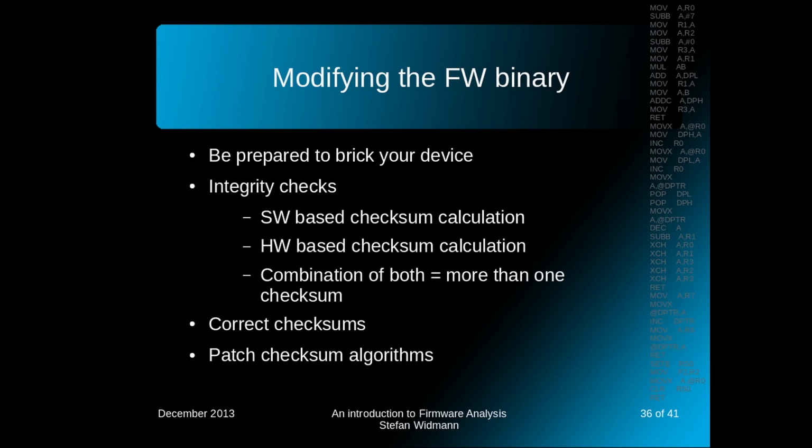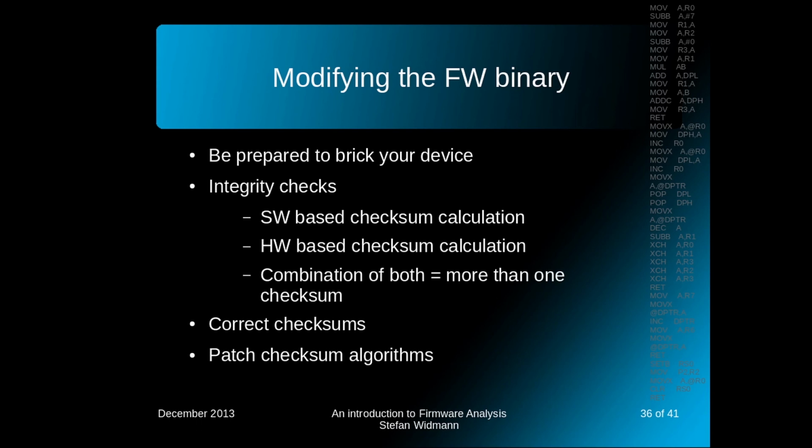There are software-based checksum calculations, CRC, for example. There are even hardware-based checksum calculations where some hardware peripheral will do the job for us. So what you see in the code is maybe a start offset, maybe an end offset, and if you are lucky, the polynomial. It might be hard-coded to the peripheral too, so you won't see anything.